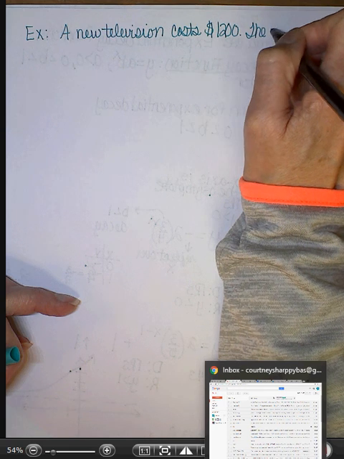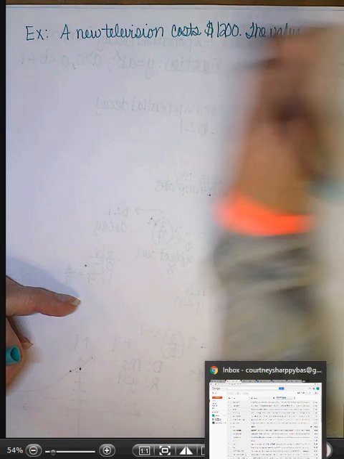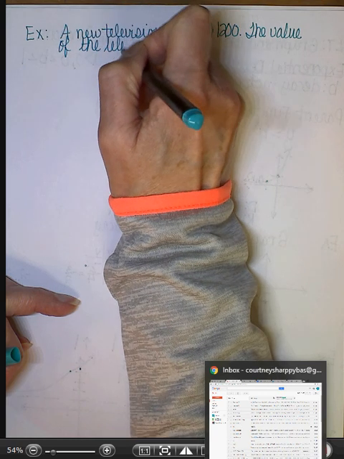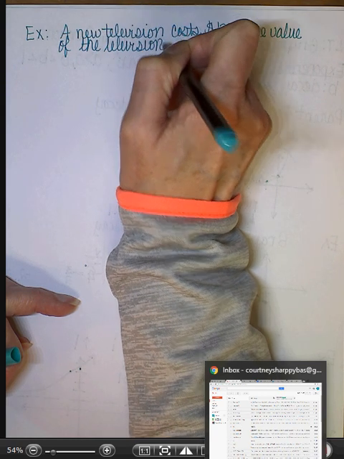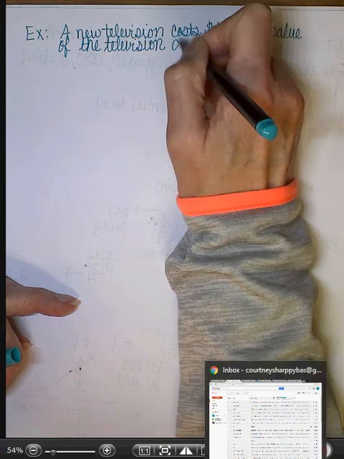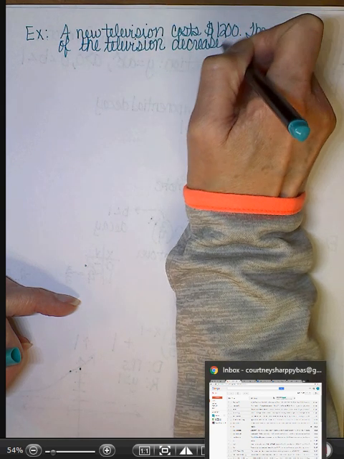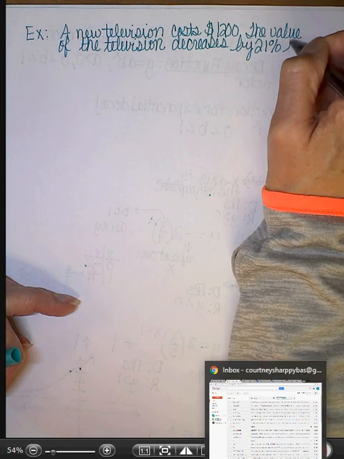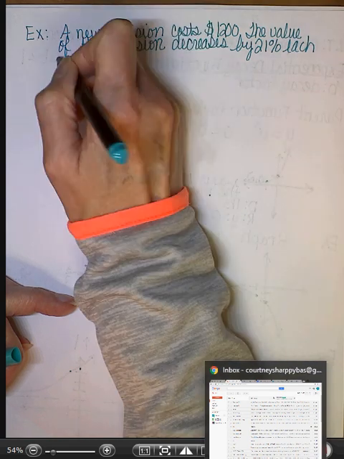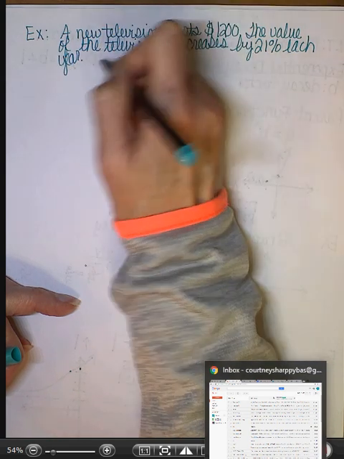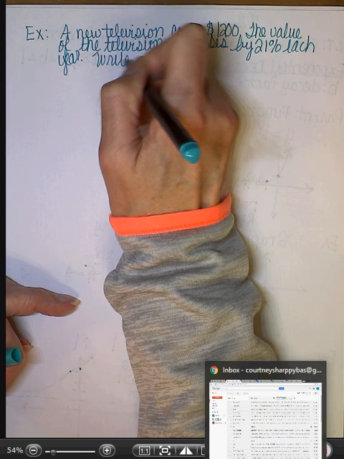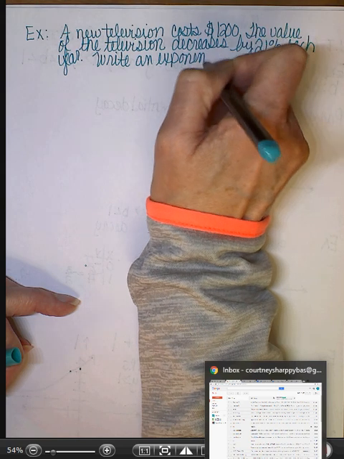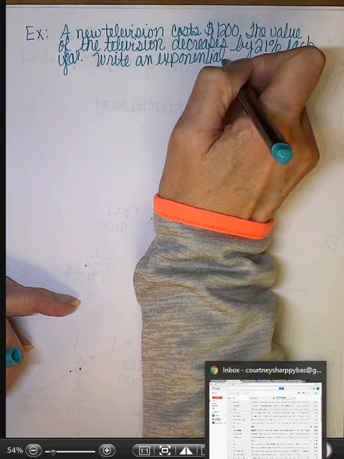The value of the television decreases by 21% each year. Write an exponential decay model for the television.